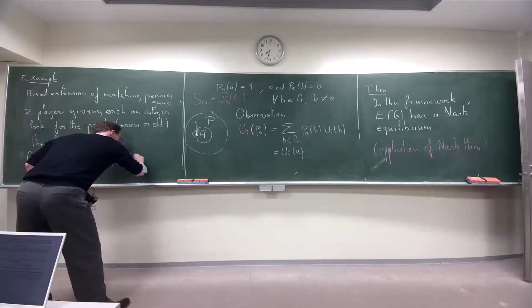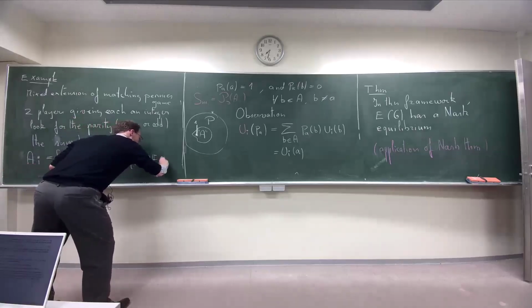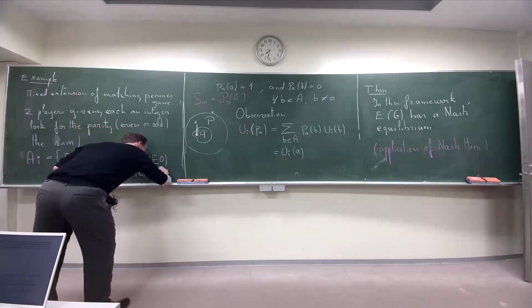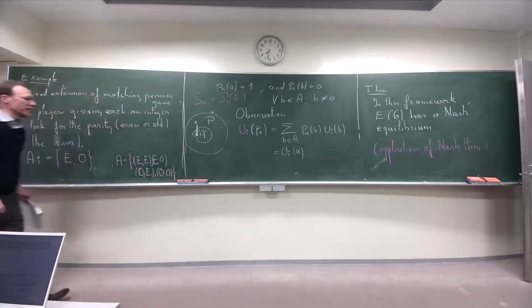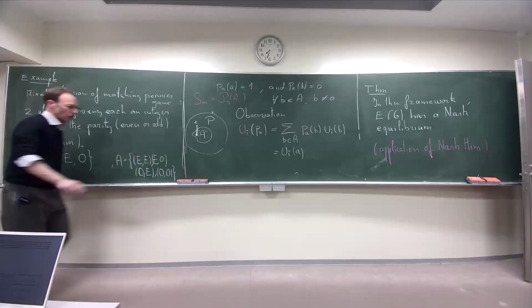It's like the two prisoners. You have these 4 points, which is a product of these 2 sets. So you have either EE, EO, OE, or OO, which means it's the two numbers that the 2 players say, either even, even, or even, odd, or odd, even, or odd, odd.